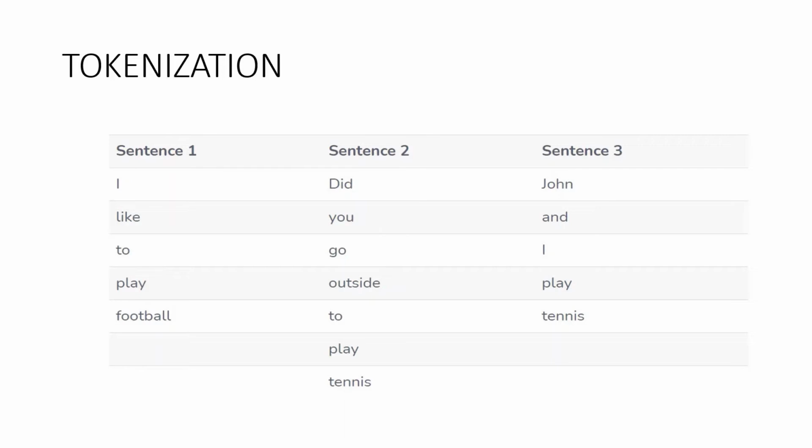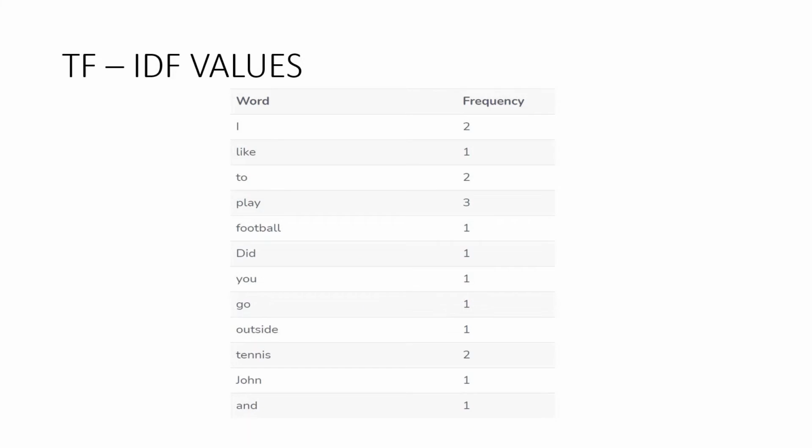Step 1 is the tokenization. Like the bag of words, the first step to implement the TF-IDF model is tokenization. You can see here sentence 1, sentence 2 and sentence 3 tokenized. Step 2 is to find the TF-IDF values. Once you have tokenized the sentences, the next step is to find the TF-IDF value for each word in the sentence.